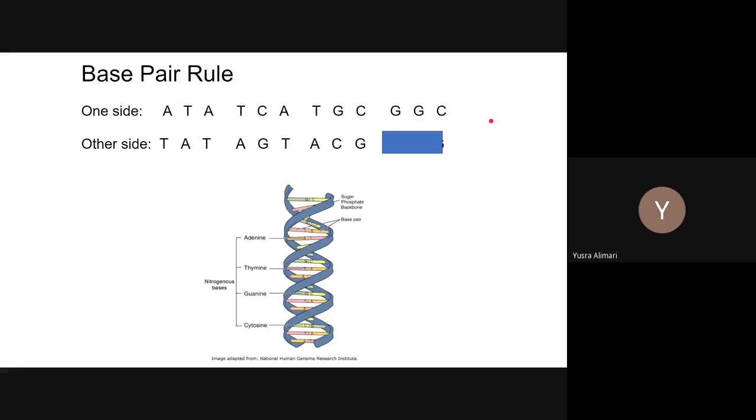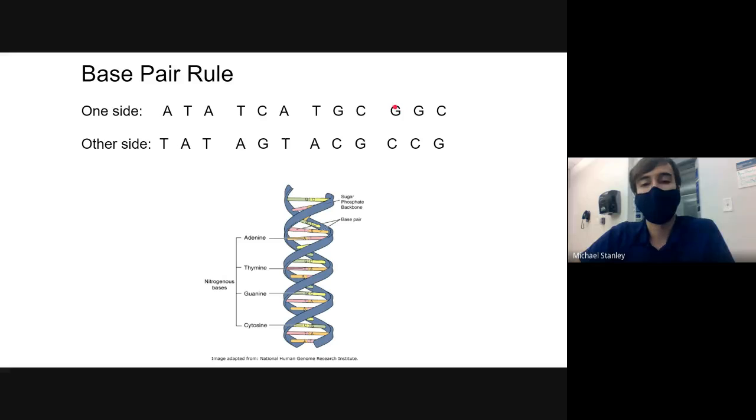CCG. Bingo. Excellent. That is perfect. G on one side means that the other side is going to have our C, and C matches with G.